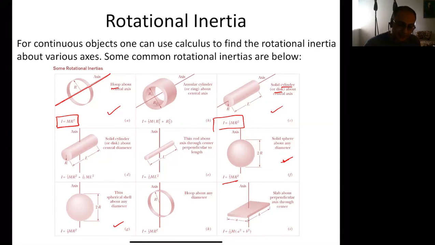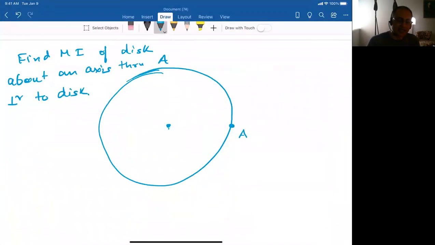So that is not what our problem is asking us to find. If I had to find the moment of inertia about an axis that passes through O, and we're given the mass and the radius of this disk, so it's r and the mass of the disk is m, then I could just report what's in the table, which is half m r squared. But I have to find the moment of inertia about an axis through A. That makes sense? So the question is, how do I do that?